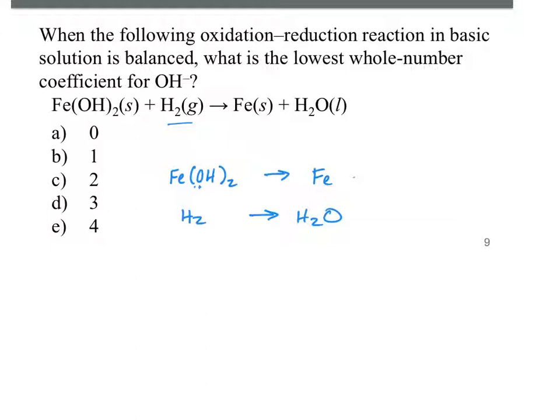So we're going to add 2 water to the product side. I'm going to keep working with this first half reaction. Because we've added 2 water to the product side, we now need to add 4 hydrogen ion to the reactant side.